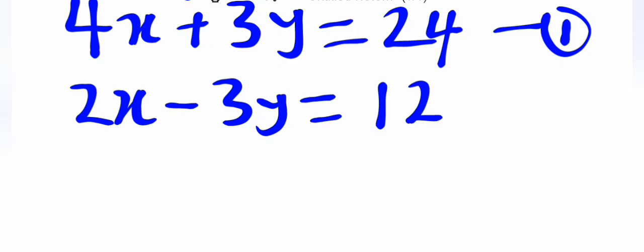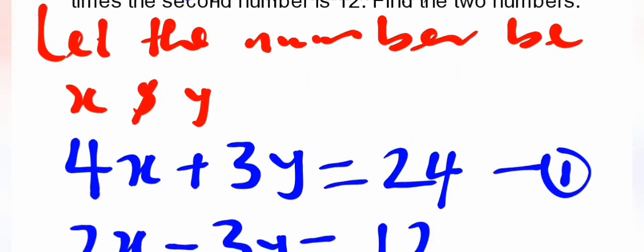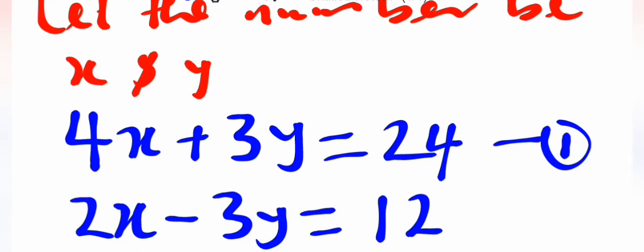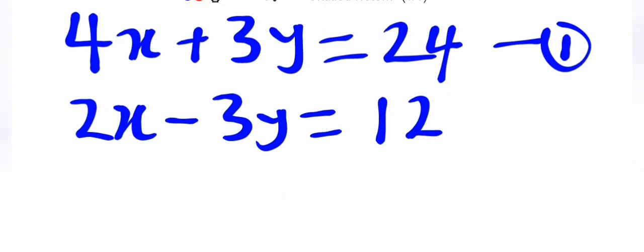That is the difference between 2 times the first number and 3 times the second number, which is 12. We label this as equation 2. And the question says we should find the numbers.